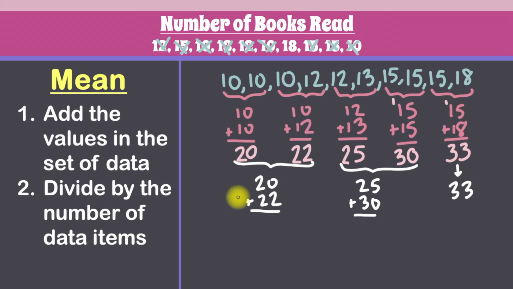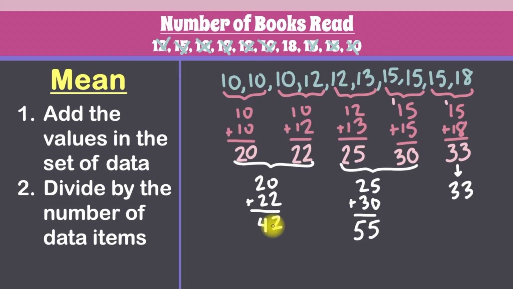So let's start with 20 plus 22. 0 plus 2 is 2. And 2 plus 2 is 4. So our sum here is 42. Now we've got 25 plus 30. 5 plus 0 is 5. And 2 plus 3 is also 5.